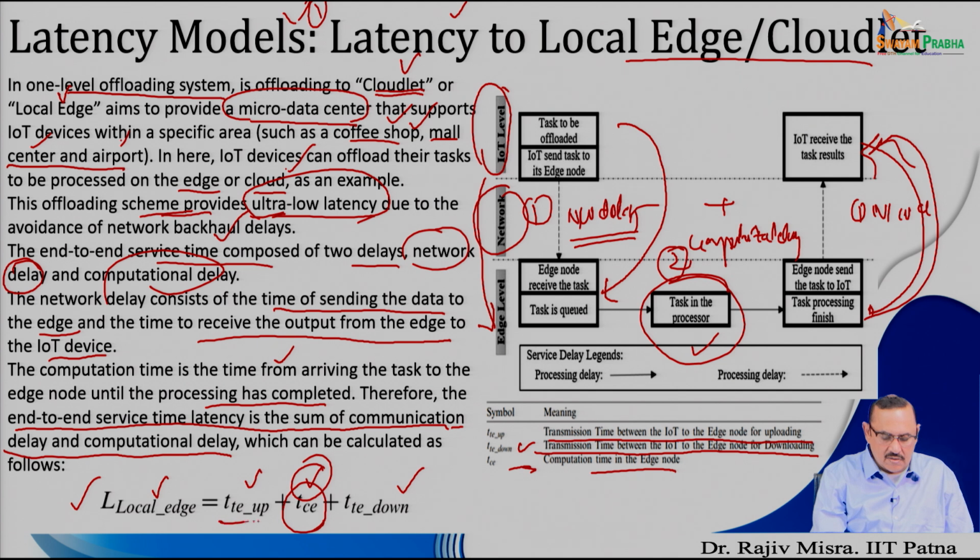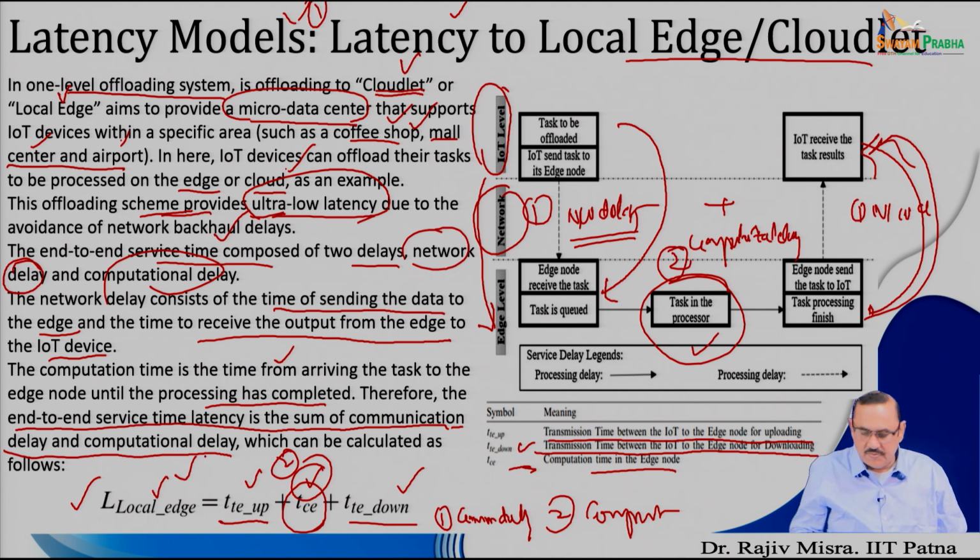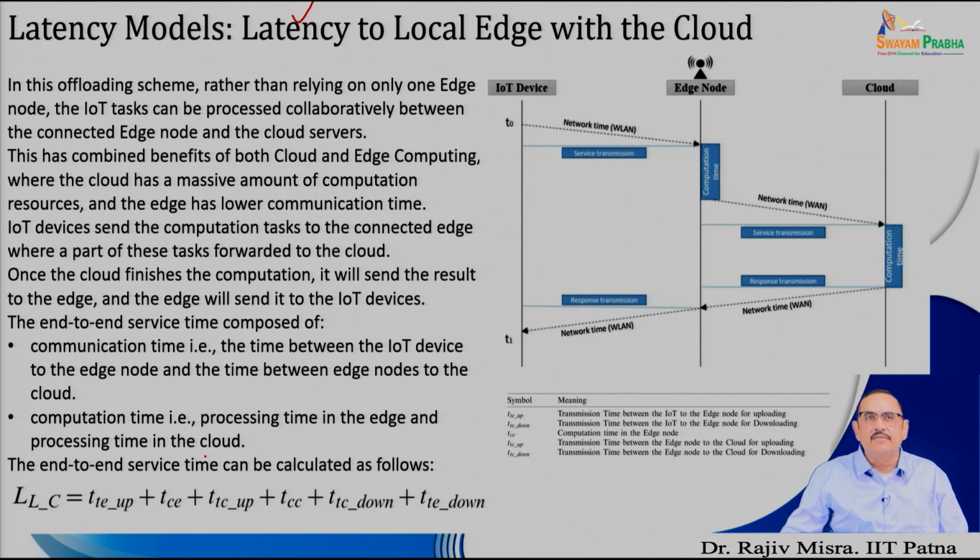So, this particular component is called the network or the communication delay. The other component is called the computational delay, and the total latency is the summation of the computational delay and the communication delay, which is expressed here in this particular equation.